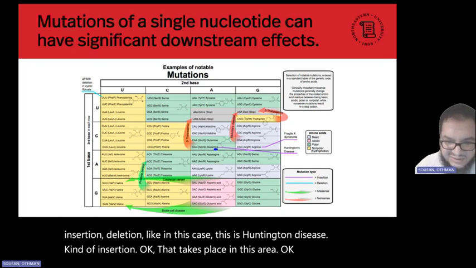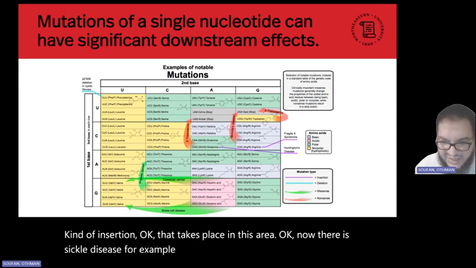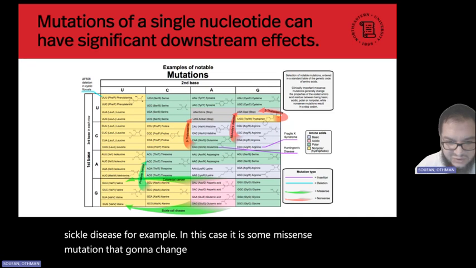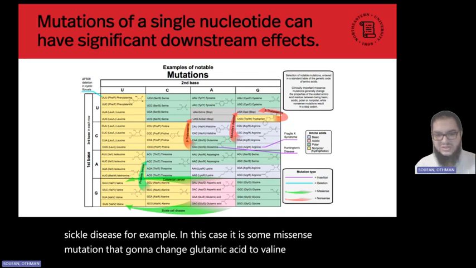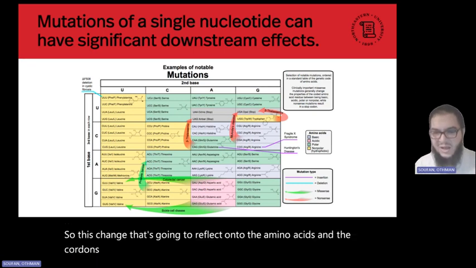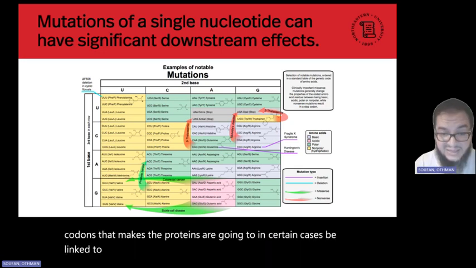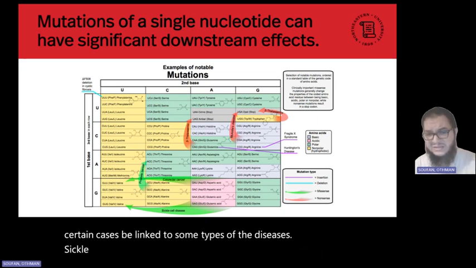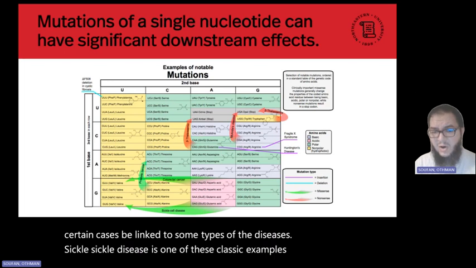Now, there is sickle disease, for example. In this case, it is a missense mutation that's going to change glutamic acid to valine. So this change is going to reflect onto the amino acids and the codons that make the proteins, and in certain cases will be linked to some types of diseases. Sickle disease is one of these classic examples caused by a missense mutation.